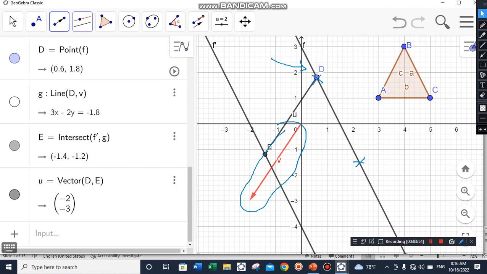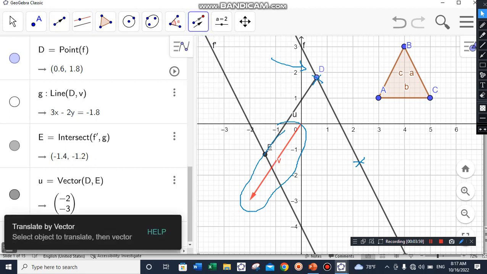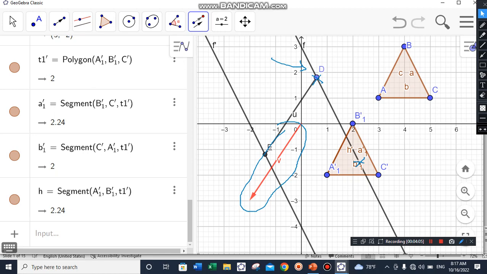And you can translate any image, it's the same. Translate by a vector this image according to this one. You're going to translate the same image, okay?